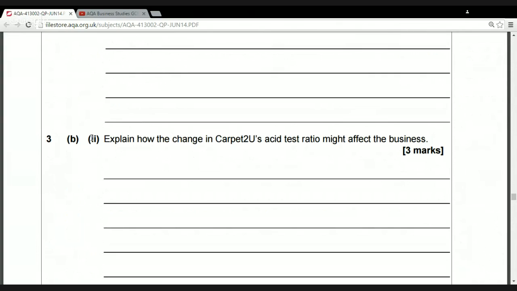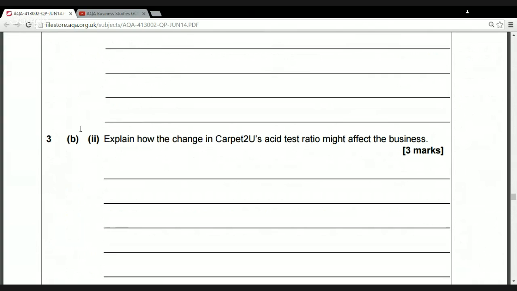So on this question, it says explain how the change in Carpets to You's acid test ratio might affect the business. You would have a result of 0.6, which, as we know, is not good. So we'll say the change is not good. Carpets to You's ability to pay short term is not as good as it was.